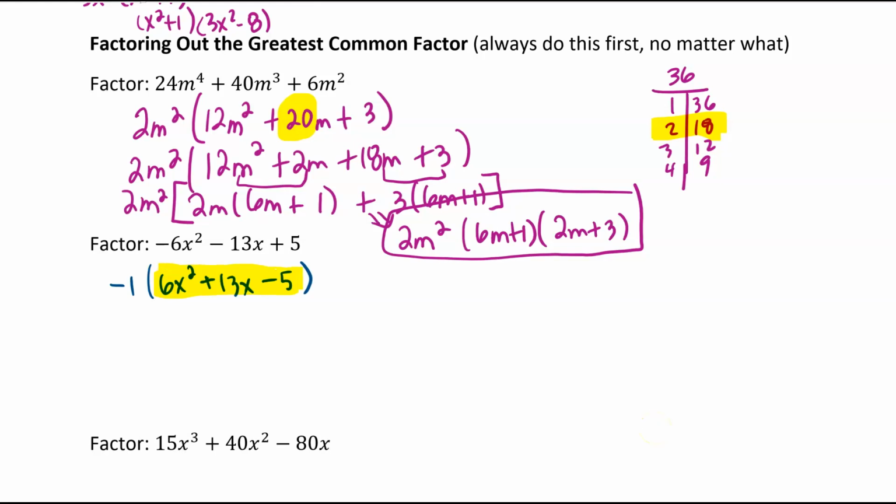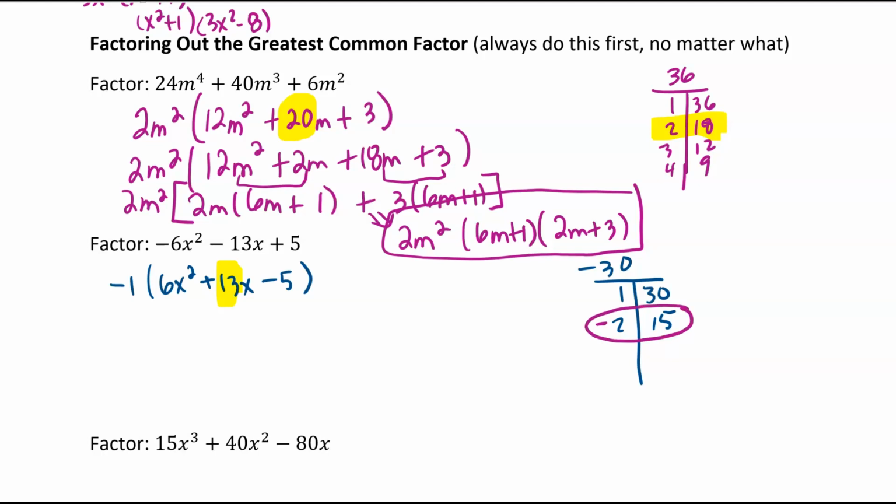So notice that A times C will give us -30. Factors of 30 are 1 and 30, 2 and 15. But what will work so that we get a positive 13?